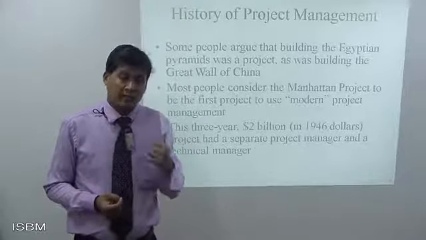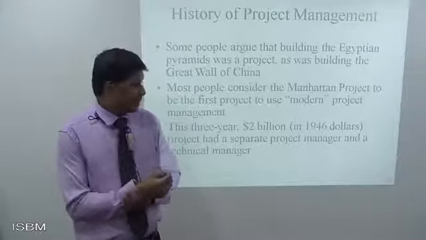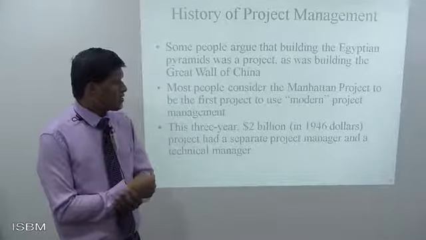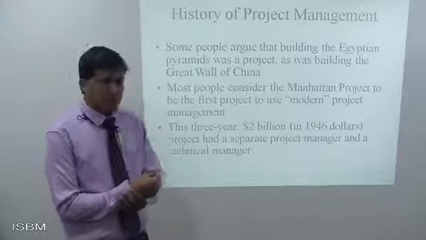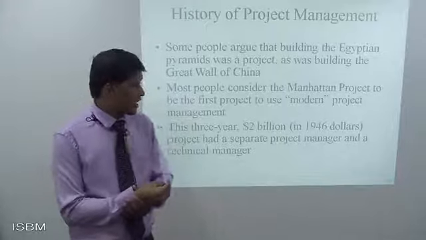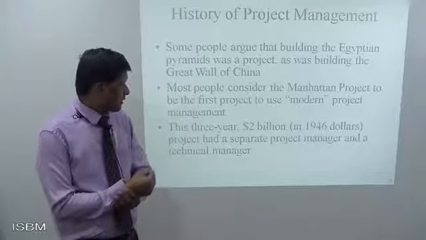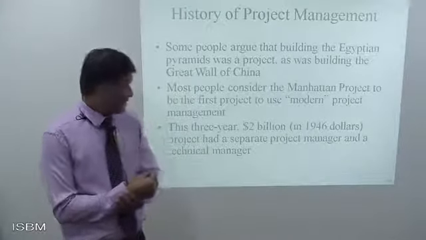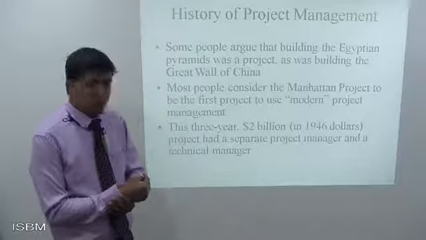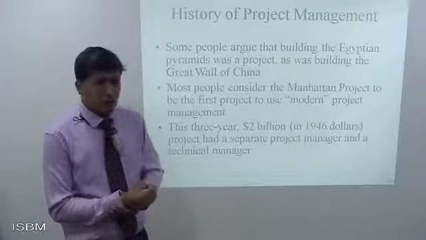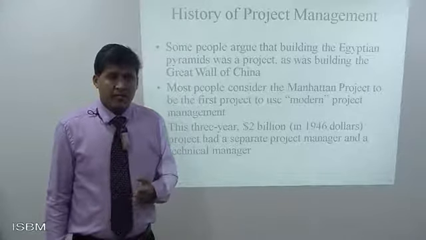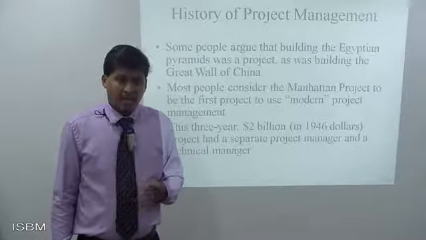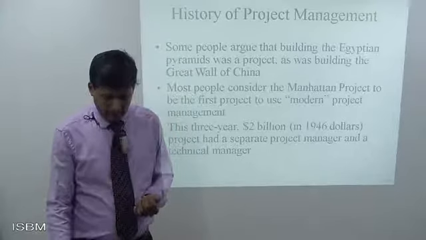So history goes back into BC actually. Most people consider the Manhattan Project to be the first project to use modern project management. This 3-year, $2 billion project had a separate project manager and a technical manager. So historically, we have projects ranging from the Great Wall of China to a pyramid as well.